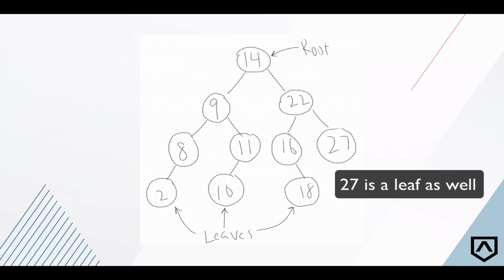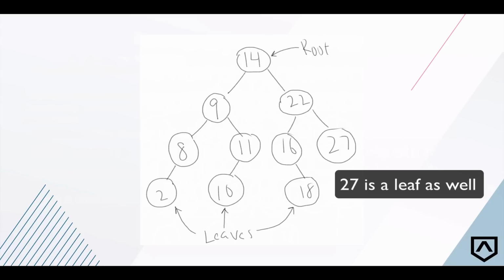So that entire left subtree starting at node 9, all the values in that subtree are less than the parent node of 14. And this trend continues further down. So if we now look at the tree rooted at node 9, every node on the left side of 9, those values are all less than 9, right?